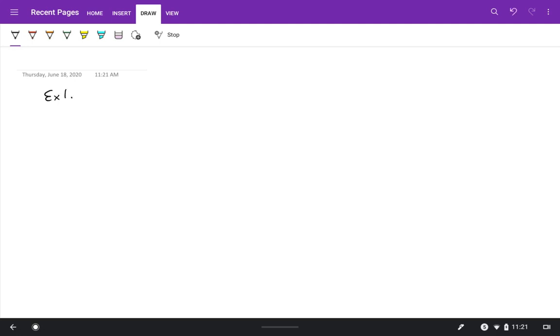We have 3x plus 5y equals 17 and 2x minus y equals negative 6. So this is the system of equations. We have equation 1, let me label them, and equation 2.